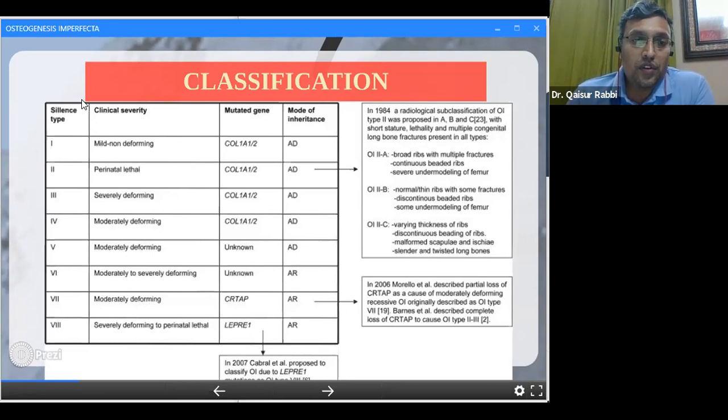What Cabral also found is that the LEPRE1 gene is responsible, in some cases, for causing osteogenesis imperfecta type 2 and 3. If the LEPRE1 gene is fully absent in the babies, they may suffer a lethal problem, and that was classified as Sillence type 2 and 3.